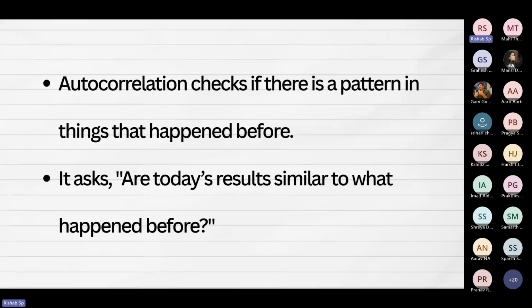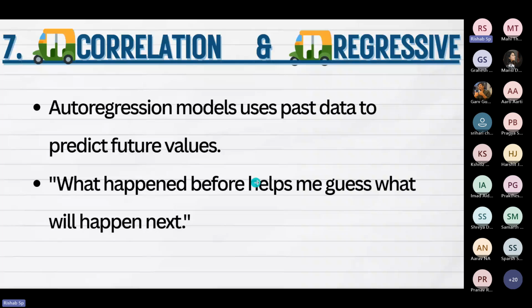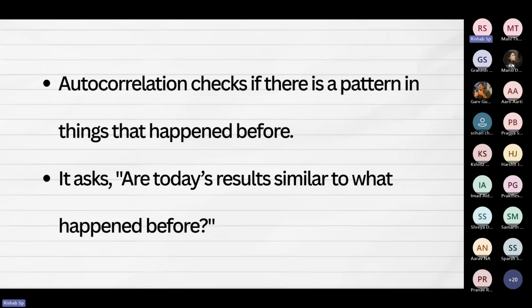If there is some kind of pattern or trend in the past data, we find that using autocorrelation. It is like asking whether today's result is similar to what happened before. Are there any similar patterns?